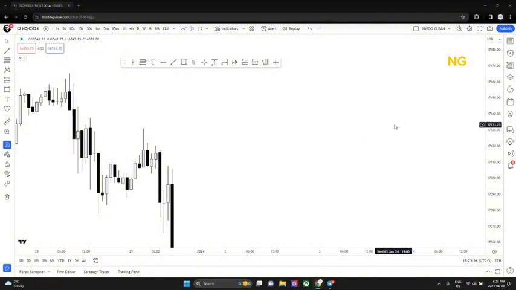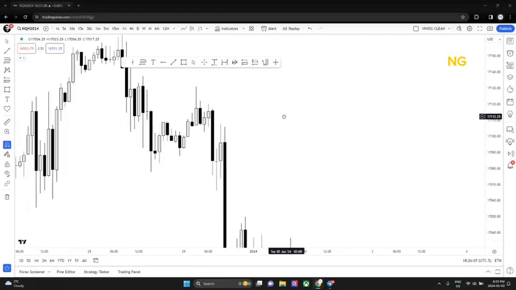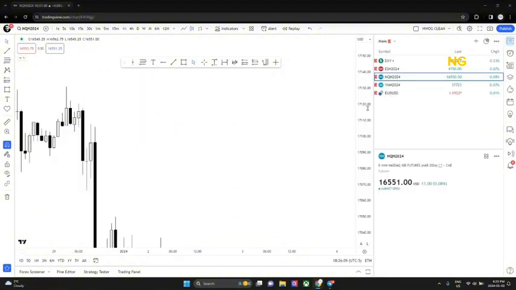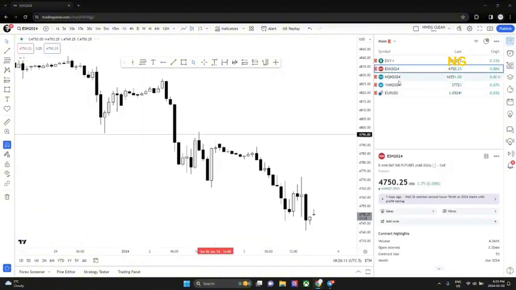I'll say that one more time. When you need to find a setup, the base of your setup will be an imbalance. What do I mean by that? I'll show you right now.